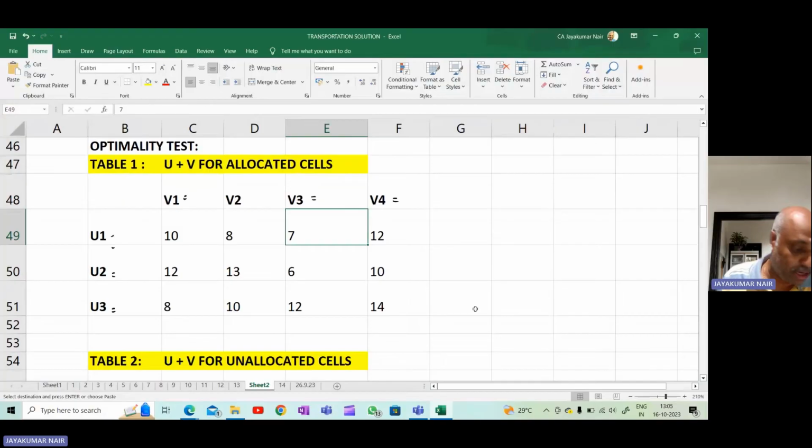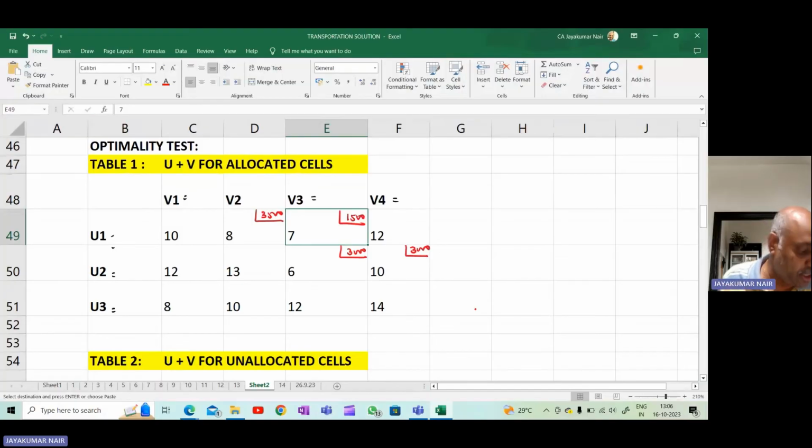We know what the allocated cells are. Here the allocation is 3500. Here the allocation is 1500, and here the allocation is 3000. Here the allocation is 3000.